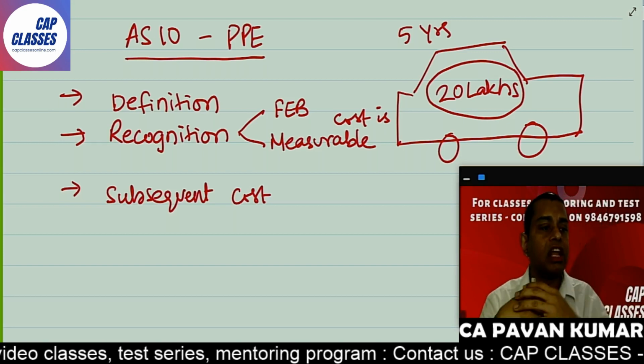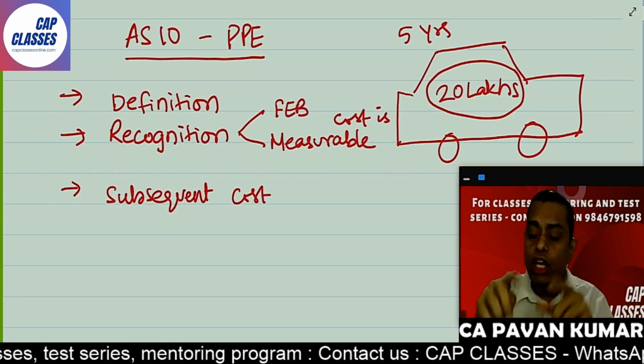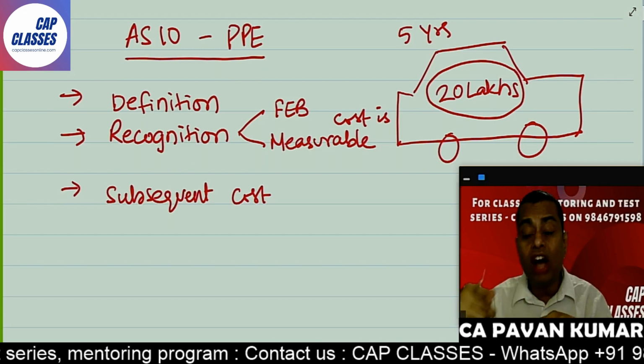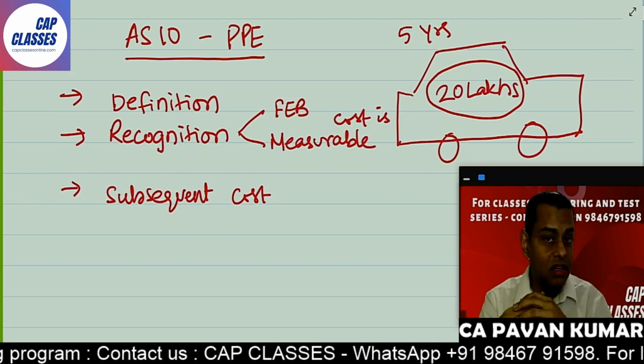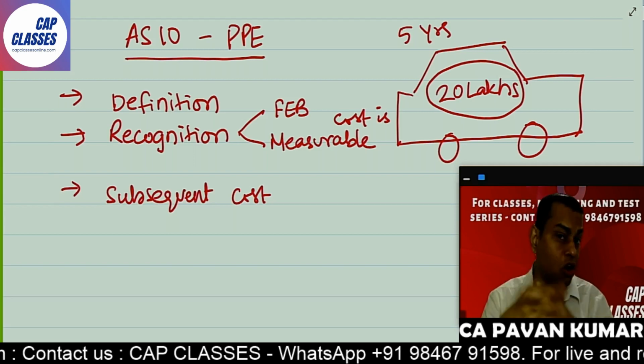Now tell me, during 5 years, will you incur any cost on this asset? The answer is yes. What are all the costs?